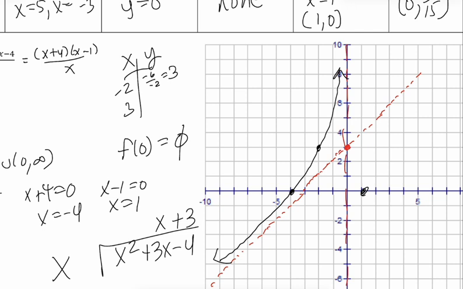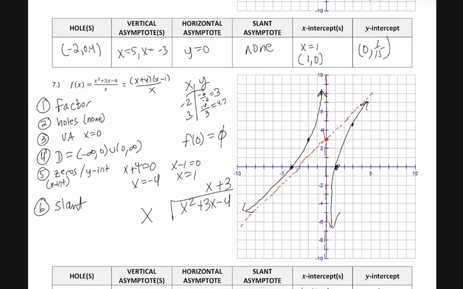If I plug in 3, I get 14 over 3, which is just a little over 4. It's about 4.7. Actually, it's closer to 5. So at 3, I'm at 4.7. So again, it tells me I'm following both my slant asymptote and my vertical asymptote.